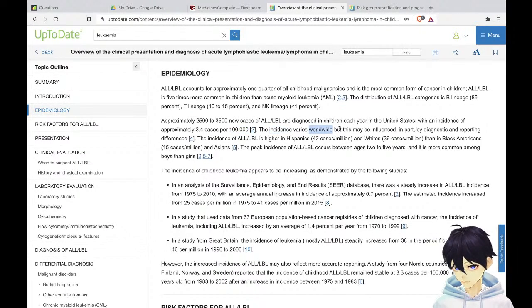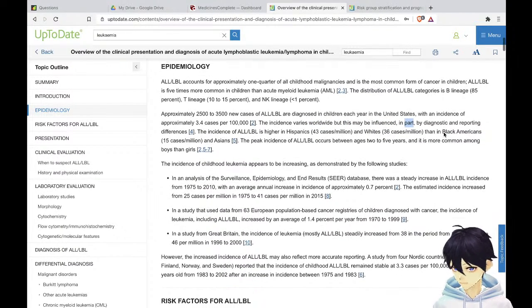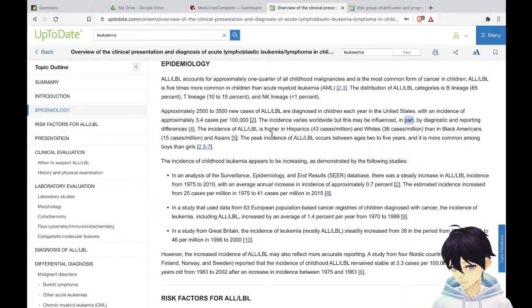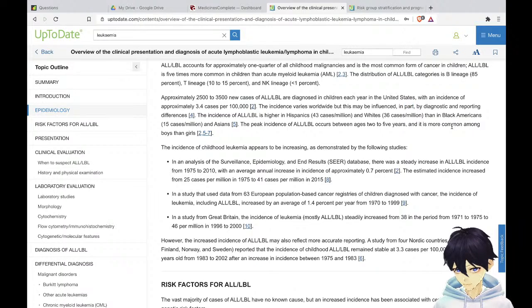The incidence varies worldwide, but this may be influenced in part by diagnostic and reporting differences. The incidence of ALL, LBL is higher in Hispanics, whites, and more common among boys than girls.